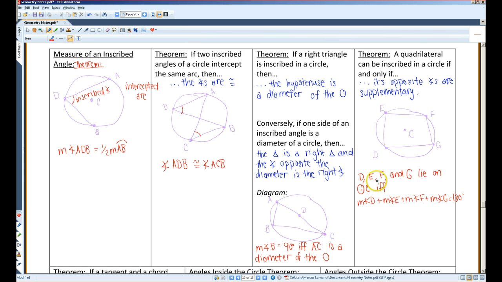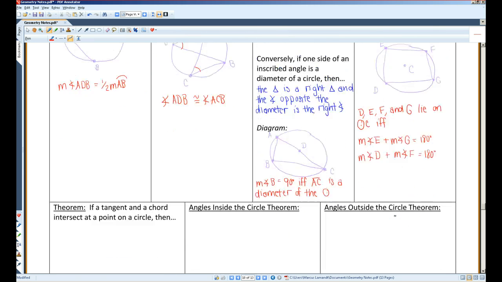So, in this case, D, E, F, and G lie on circle C if and only if E plus G equals 180 degrees and D plus F equals 180 degrees. So the opposite angles in the quadrilateral have to be supplementary.